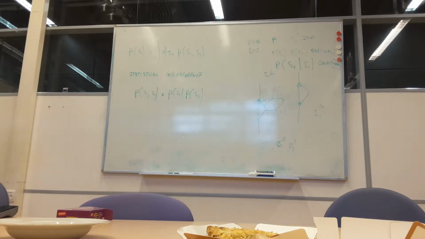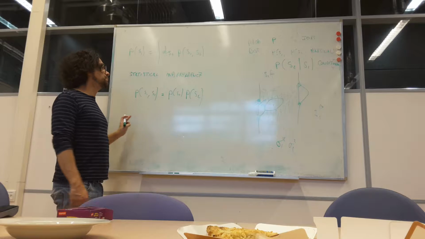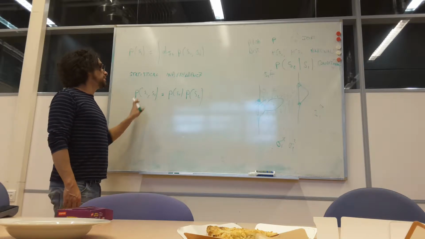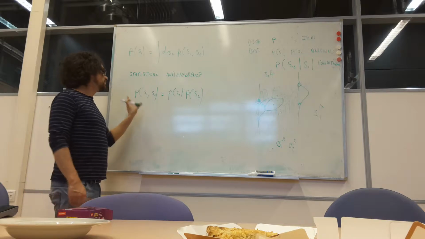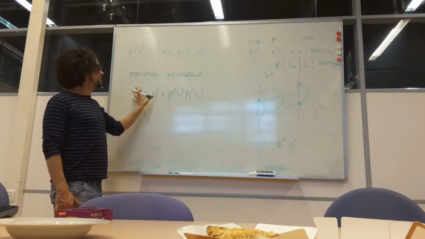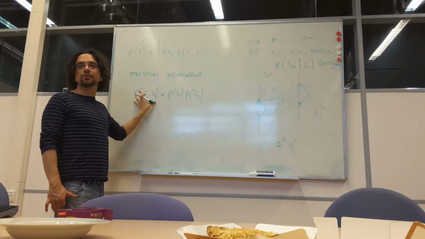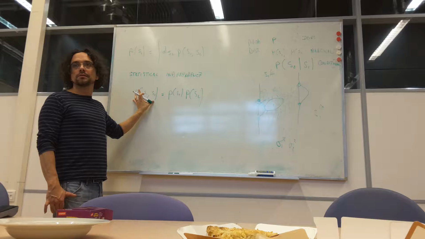So notice that this is a massive reduction in complexity, because if I can say that, then remember that to quantify this guy empirically, I need in principle B squared data points.